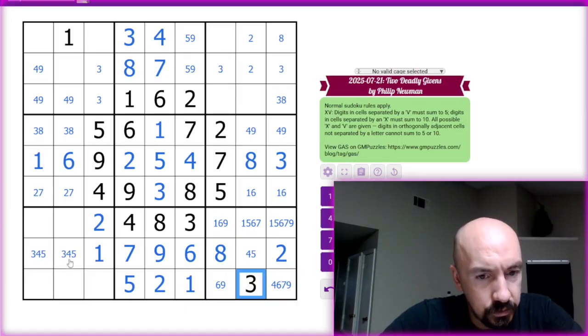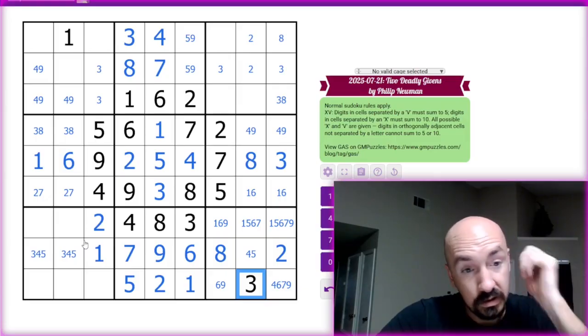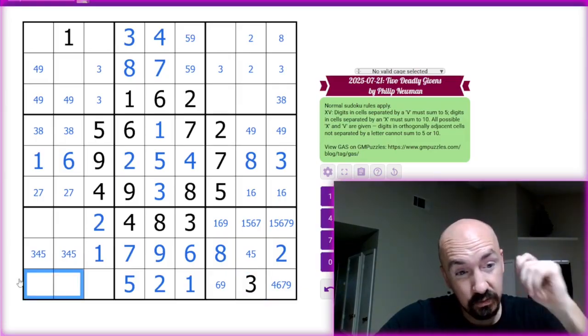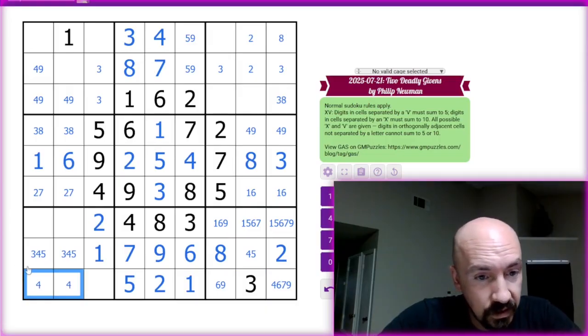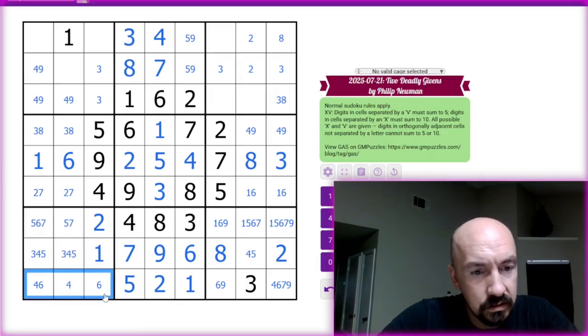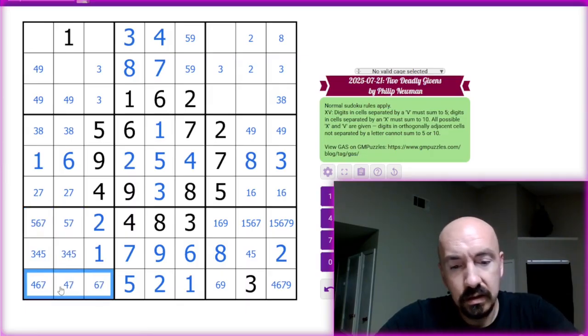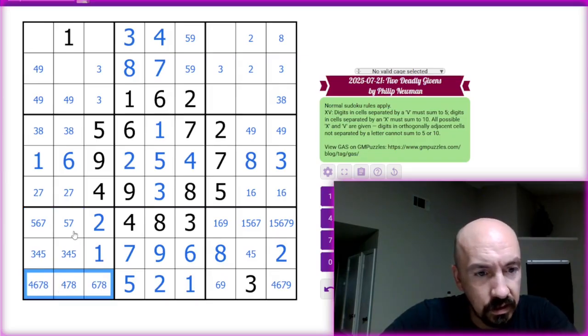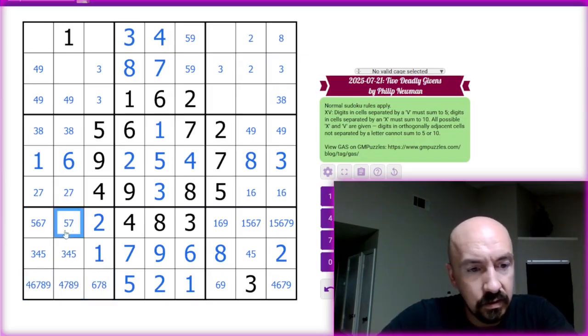So 3s are here. Okay, so 4s can also go here. 5s can go there. 6s. 7s. 8s are at the bottom, and then 9s are like that.